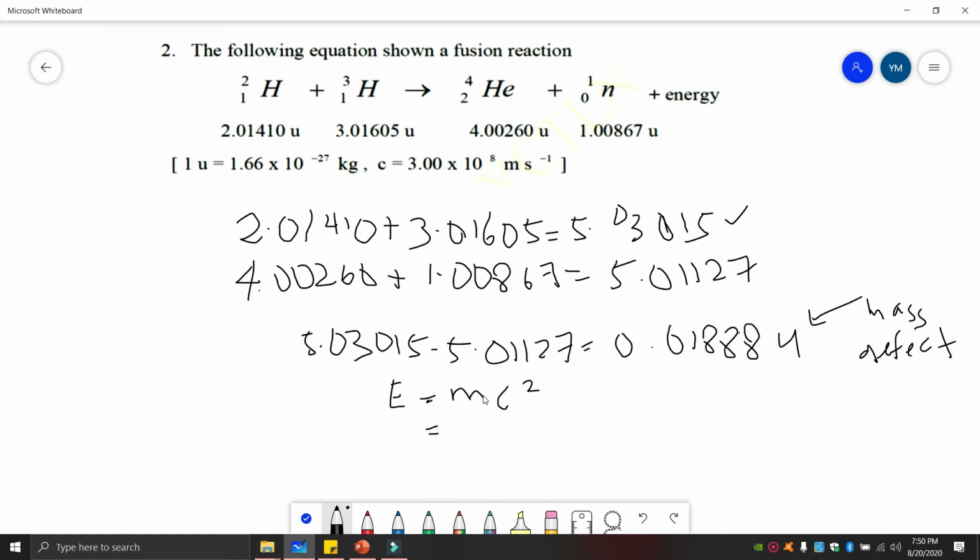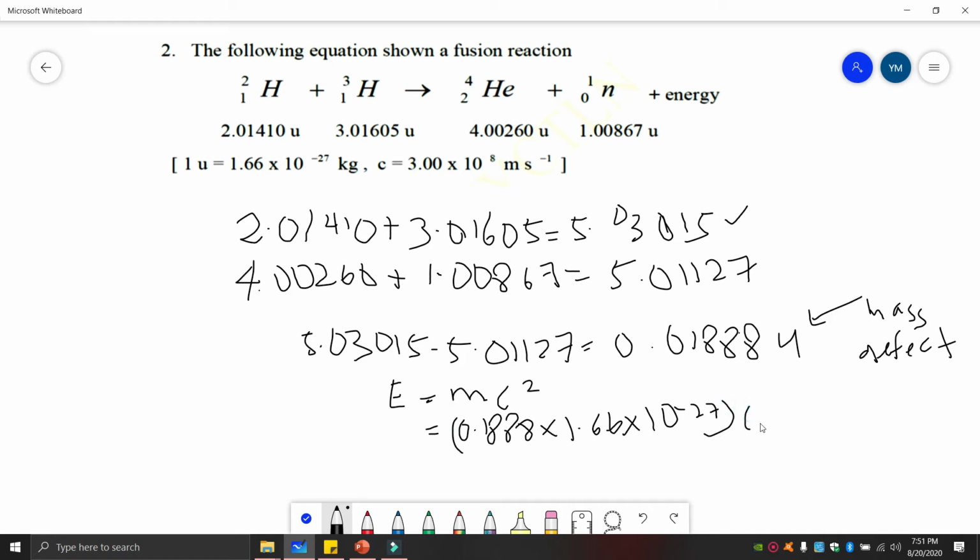As you know, m is mass, so mass must be in kg. So this one you have to change to kg. How do you change to kg? You just multiply by 1.66 times 10 to the power of negative 27. This is to change the mass to kg.